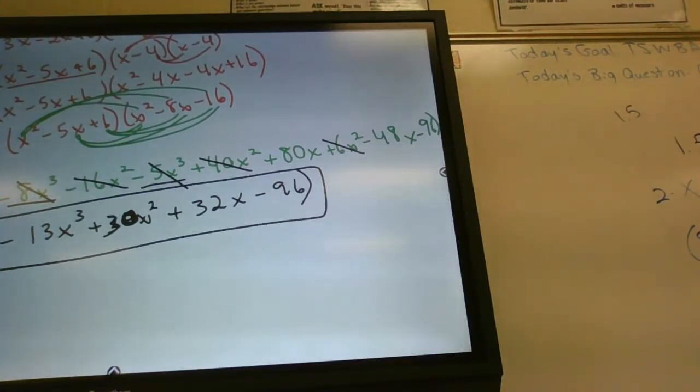You have x minus the root. And the double would be squared, like you have 2x minus x.